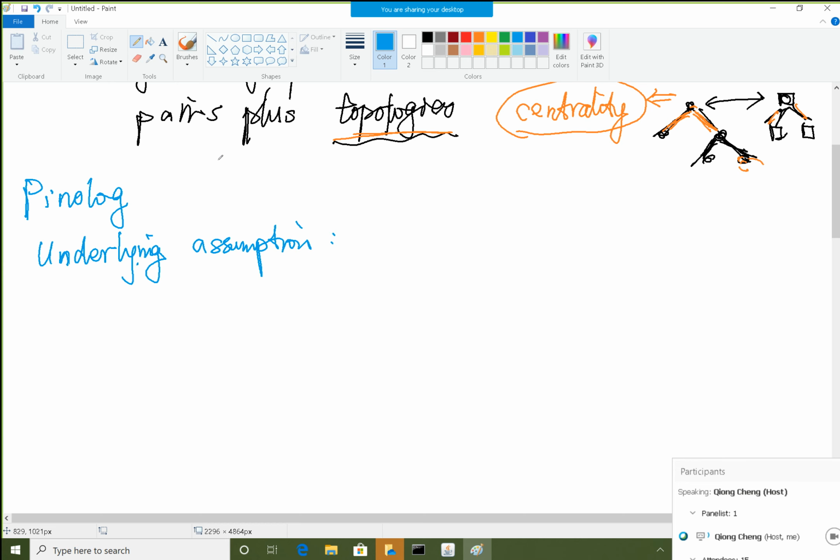The paper's authors think about the PPI network, let's use PPIN to represent it. They say PPI networks consist of many communities. They call them communities.